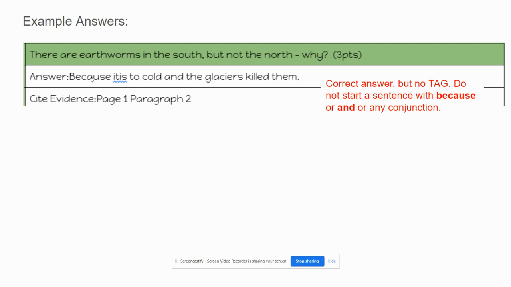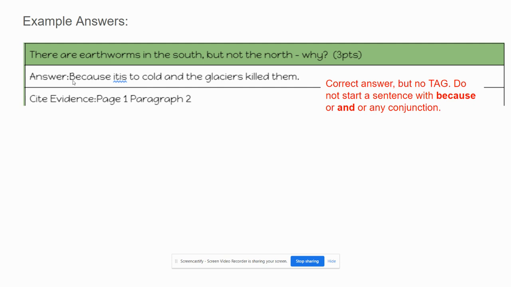So the reason we tag is because some of these grammar rules just kind of play into tag, and it can help you out. So for example, you should never start a sentence with a conjunction. And a conjunction is like because, and, but, or, any of those words are conjunctions.